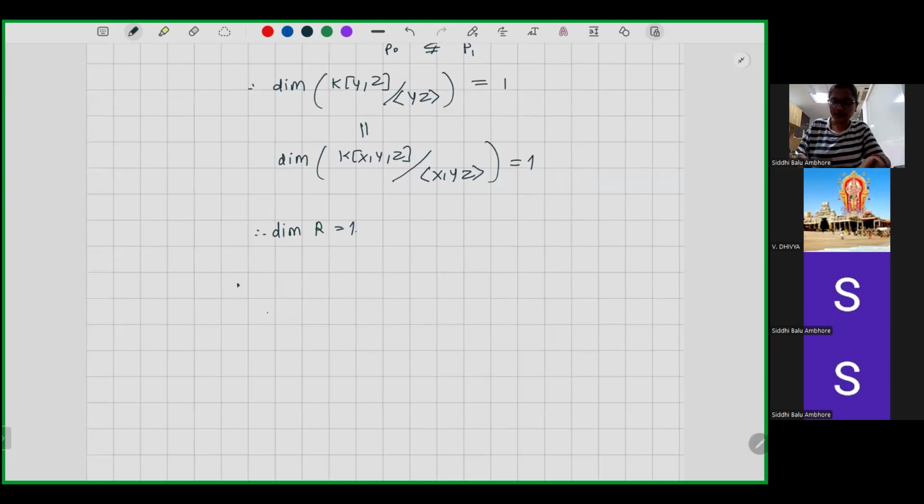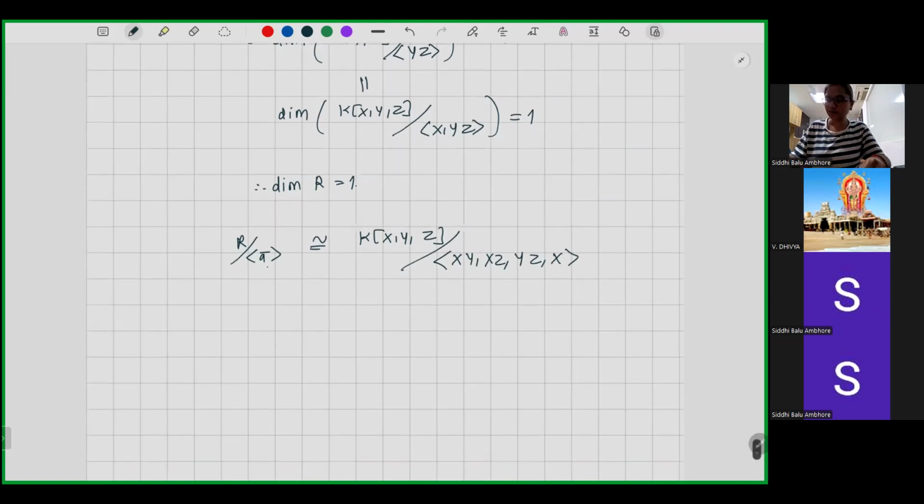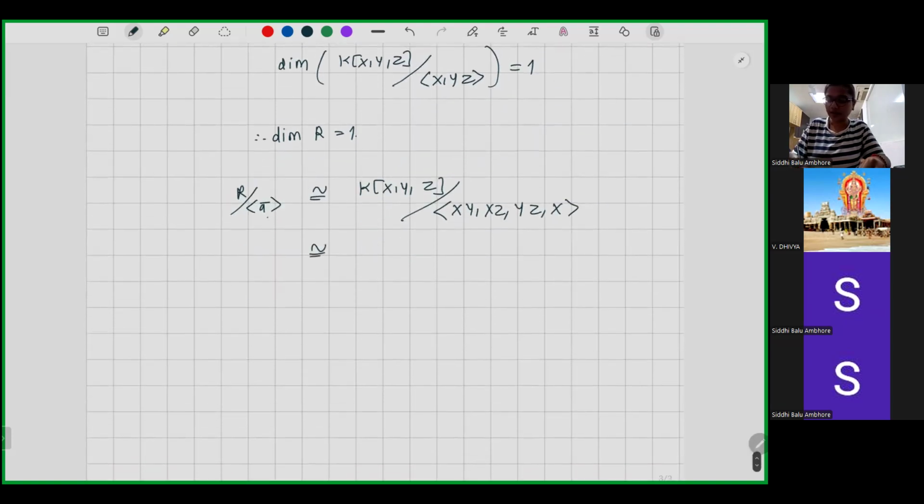Okay, and then R mod A bar is isomorphic to k[x, y, z] quotiented by xy, xz, yz, and x. We can see that this is k[x, y, z] quotiented by (x, yz).